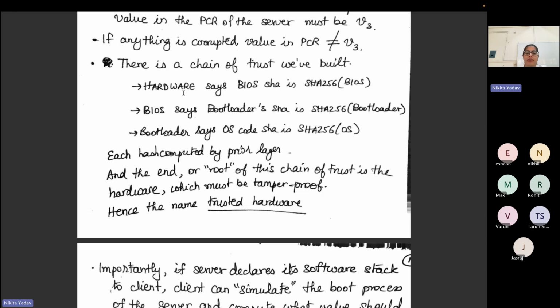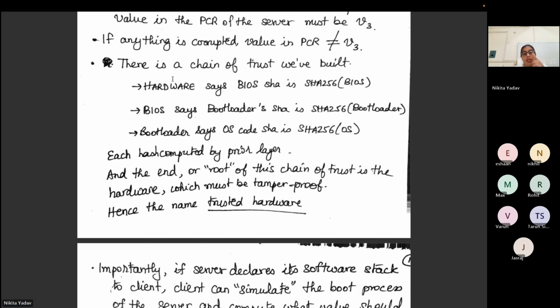Since this hash chain was started by the hardware, if you trust the hardware, then you know that the hardware would have computed the hash of BIOS and passed it.